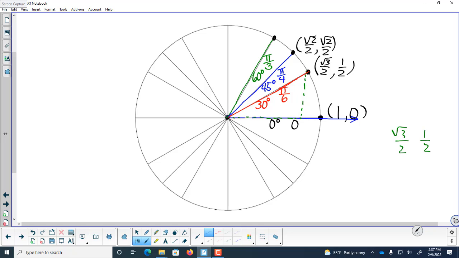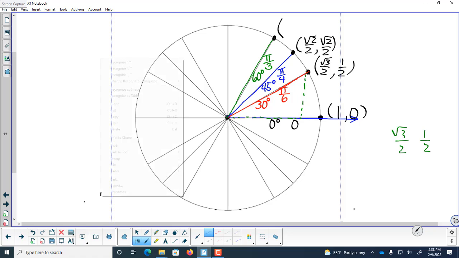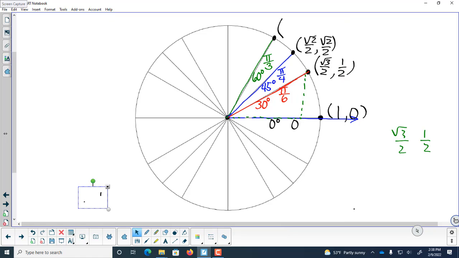Because 30 and 60 are complementary. So those are going to be switched. We saw that on that activity with the triangles that day when you measured. So this is 1/2, root 3 over 2.